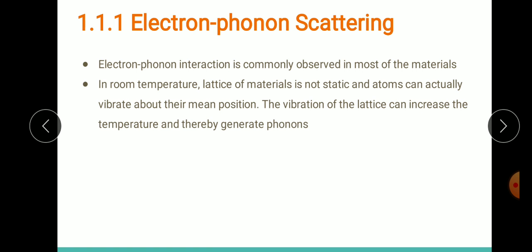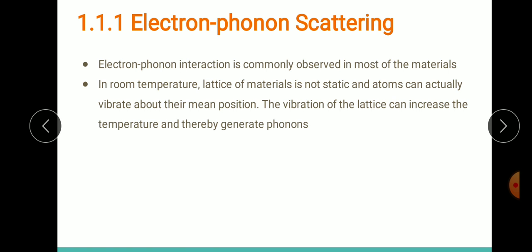Since the atoms are continuously vibrating, the lattice of the materials also keeps vibrating about its mean position, and this vibration can increase the temperature, and this can thereby cause the generation of phonons.